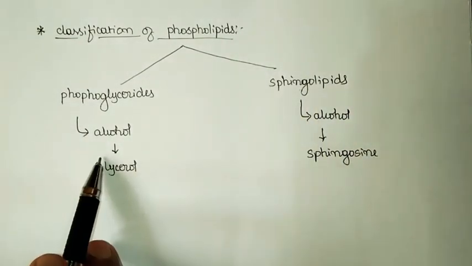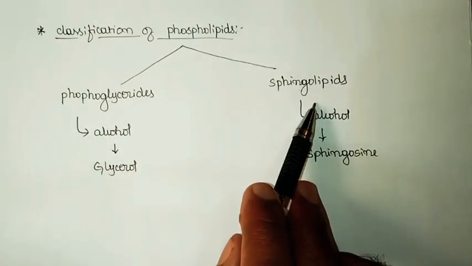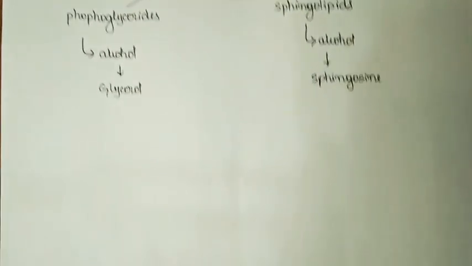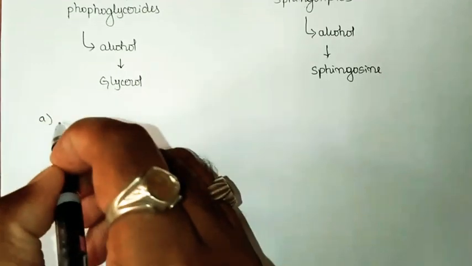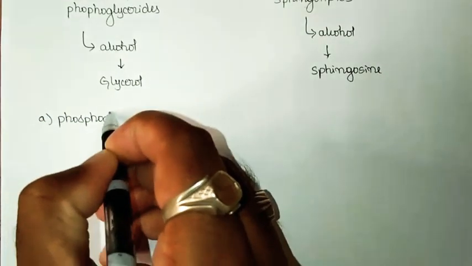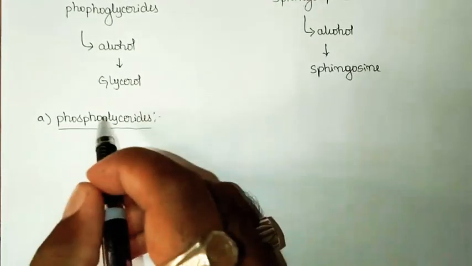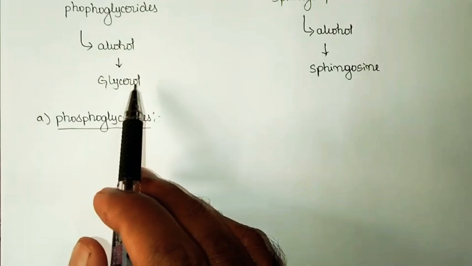Now we shall discuss both phosphoglycerides as well as sphingolipids. Firstly, we shall consider phosphoglycerides. These phosphoglycerides cover the major portion of the phospholipids.